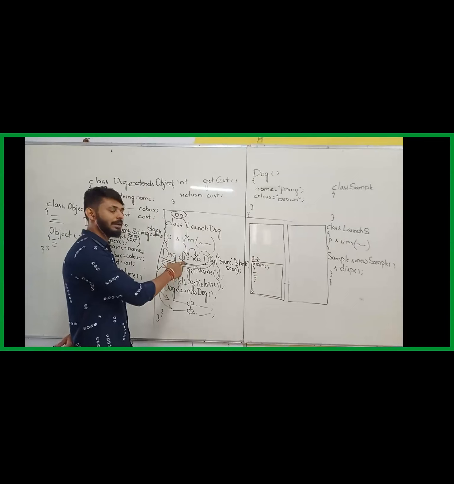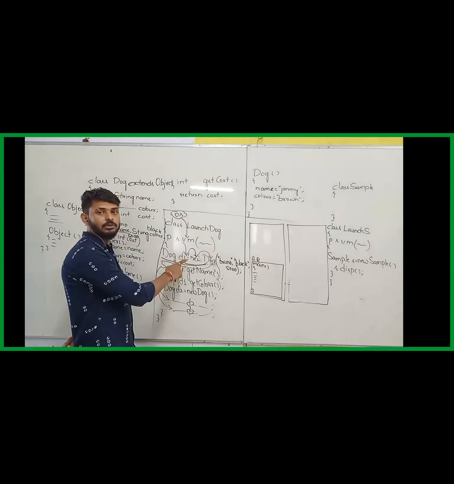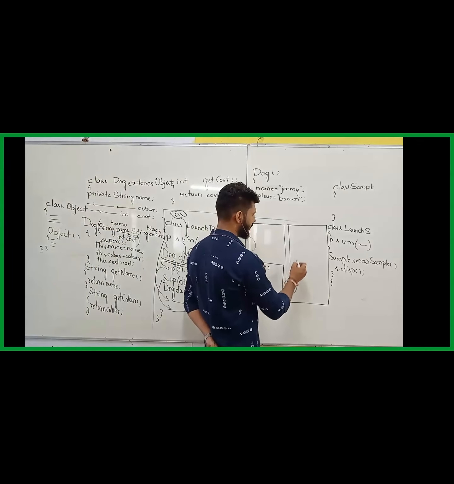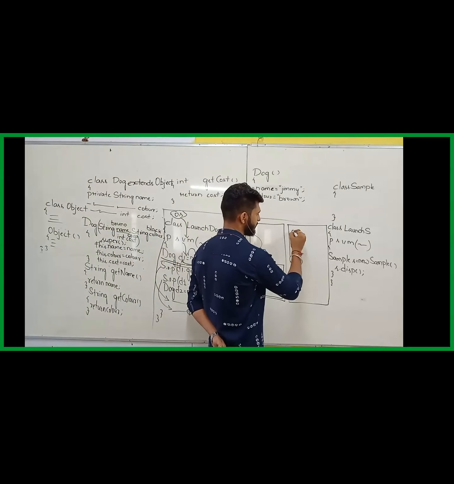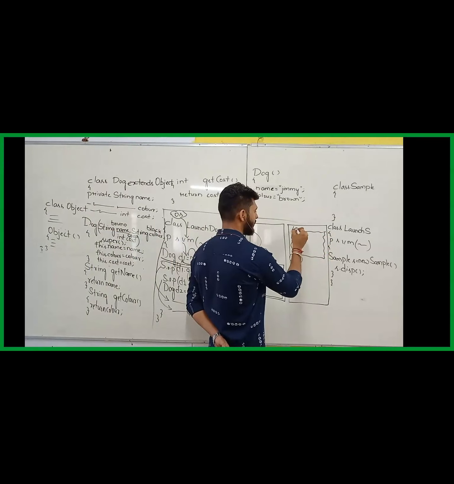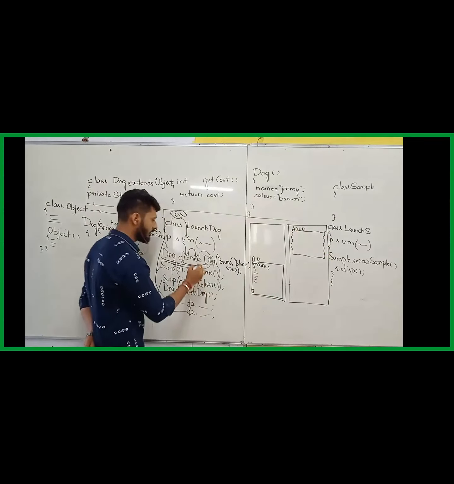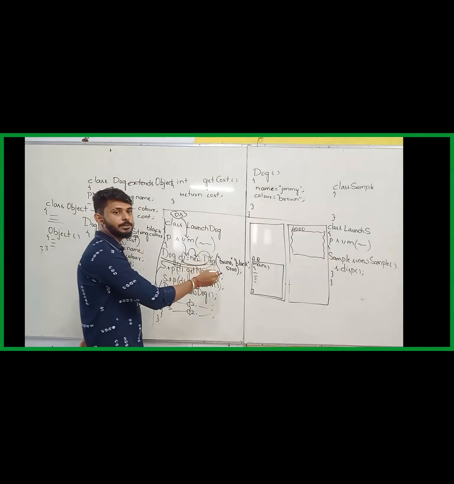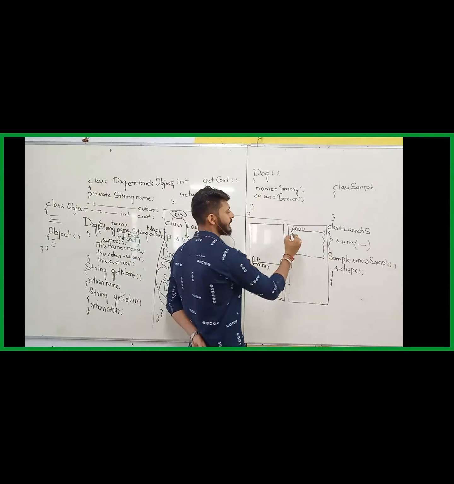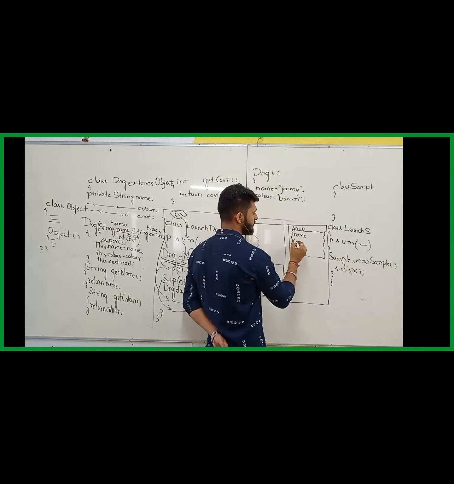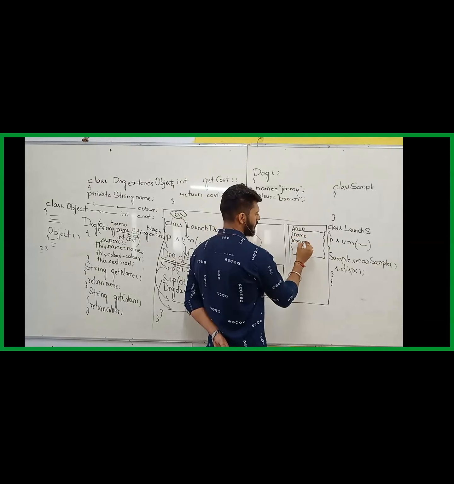What is the first statement? Equal to, go on right side, new. Because of new, what should happen? Allocate some block of memory and assign one address to it. Next, am I providing a class name? Yes, because of which what should happen? Check if there are any instance variables within that class.